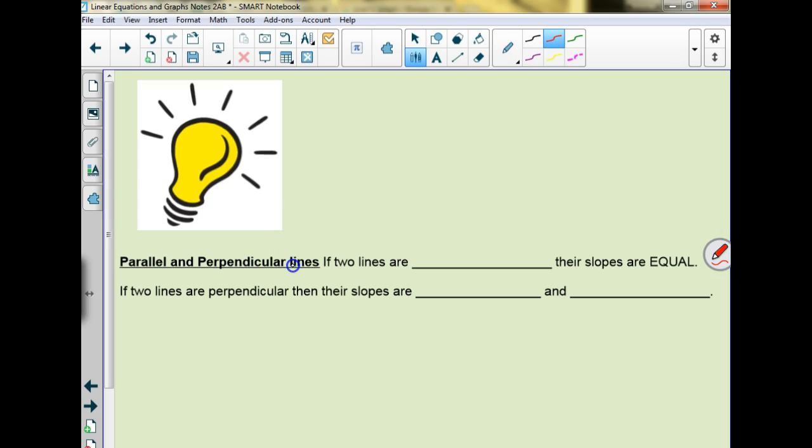Parallel and perpendicular. You did this in geometry. Maybe in algebra 2, I don't remember. If two lines have what? Then their slopes are exactly equal. If the tilt is equal, what kind of lines are they going to be called? How do you make them perpendicular, though?